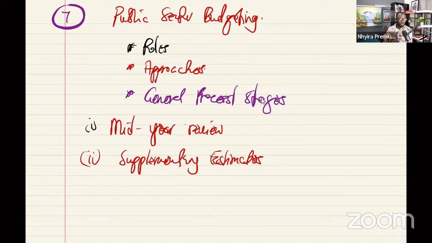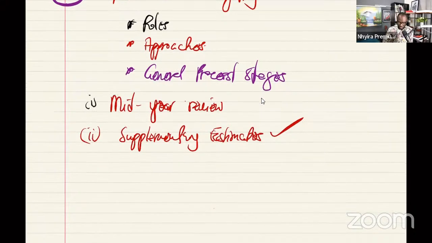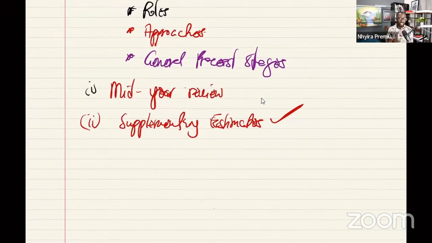It is at that point that the Minister of Finance and the central government recognizes that, hey, we will need more money because we are not able to meet our revenue targets, and they will request what we call supplementary estimates. That is additional funding so that they can pay for the various expenditures that must be paid for. So we must know about how that is done, when it is done, and what it goes through.